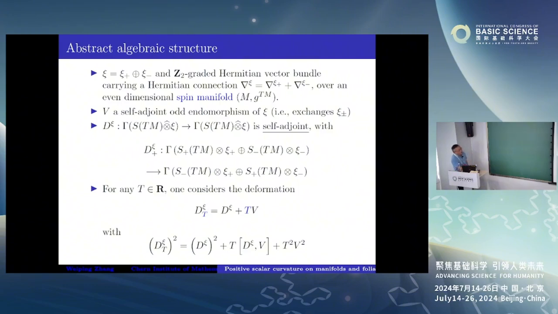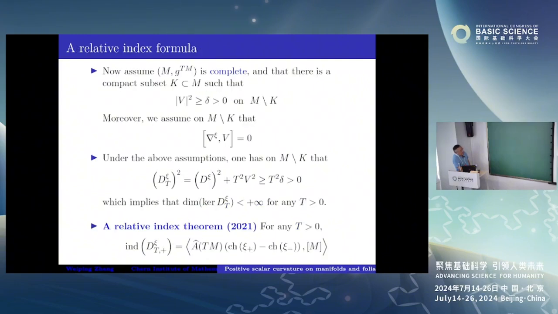If you compute the square, it tautologically equals this. And here the bracket is the Z2 graded bracket with respect to the Z2 splitting. It is DV plus VD, not DV minus VD, not the usual one. With this setting, it says that this bracket is of zeroth order. This is the key point in this aspect.